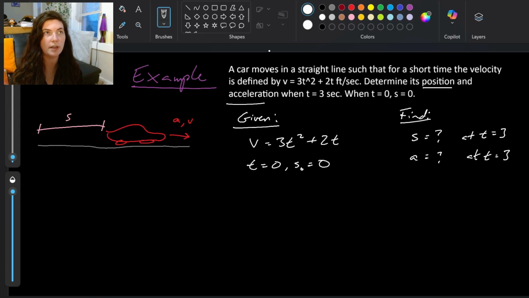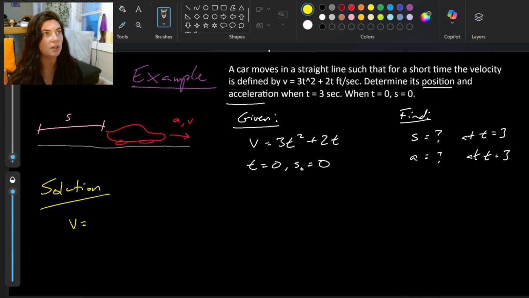at t equals 3. So you remember we have relationships that get us between velocity, position, and acceleration all with respect to time. So let's go ahead and write out some of those equations that we've been looking at.